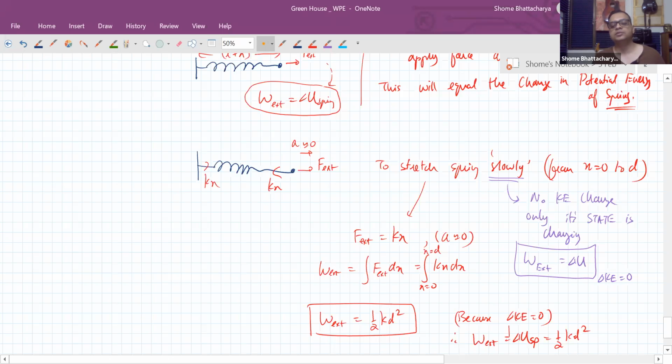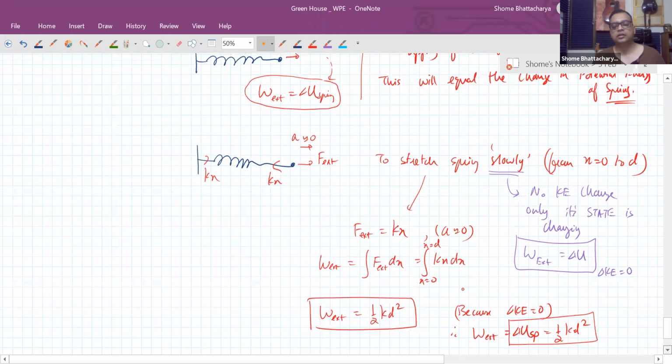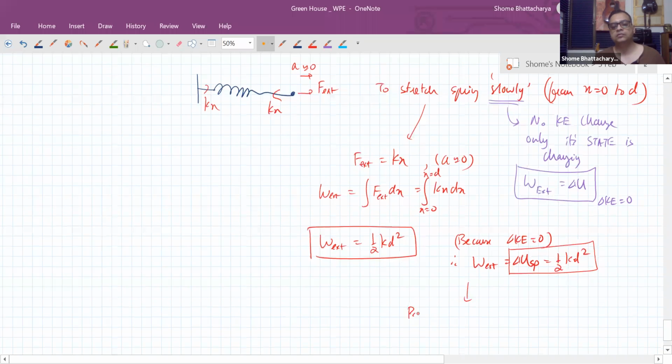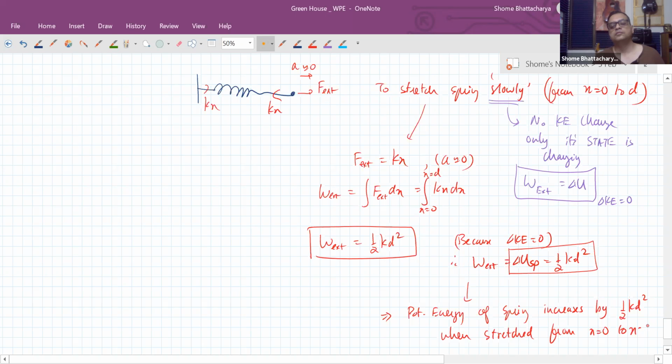So the potential energy of the spring will increase by half kd square when it is stretched from 0 to d. So this is the conclusion that we're getting here.